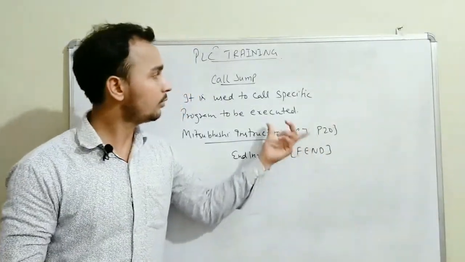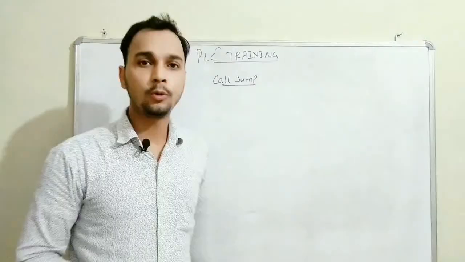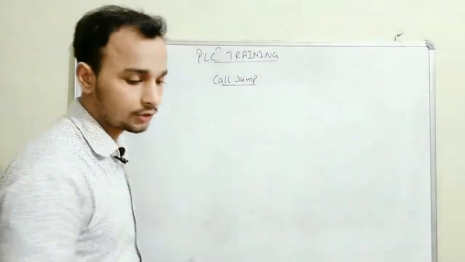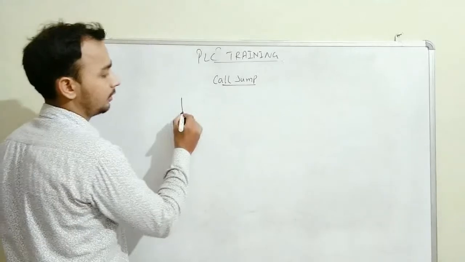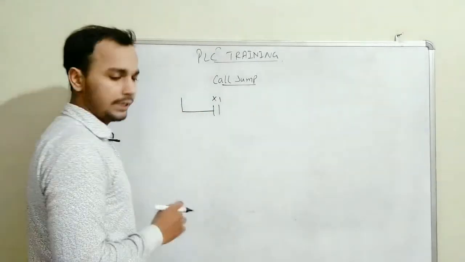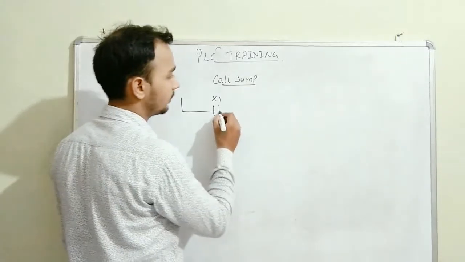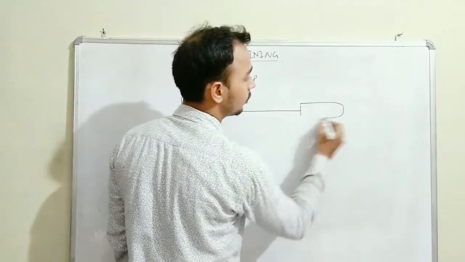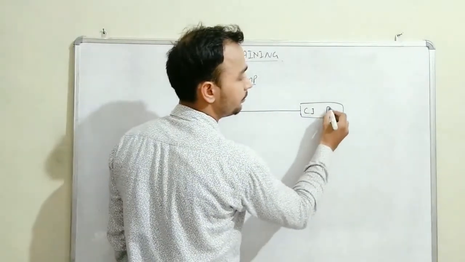So let's make a program on call and jump. Now I'm going to operate a simple independent instruction. Firstly I have to use call jump CJ P20.